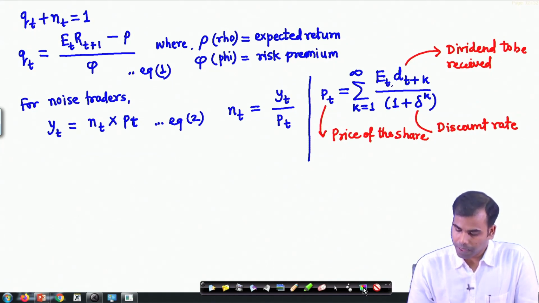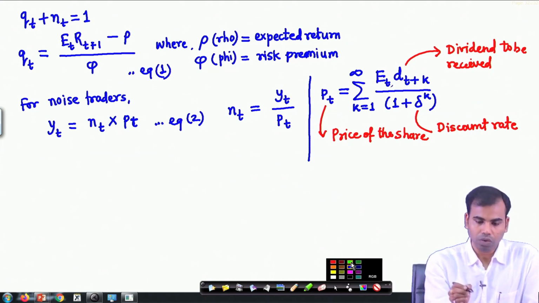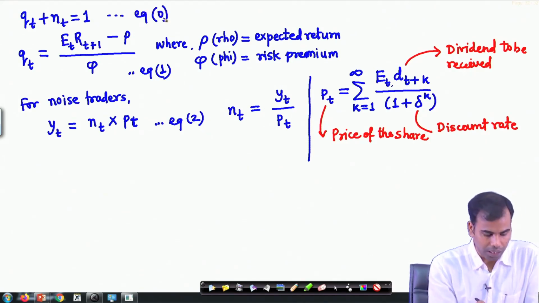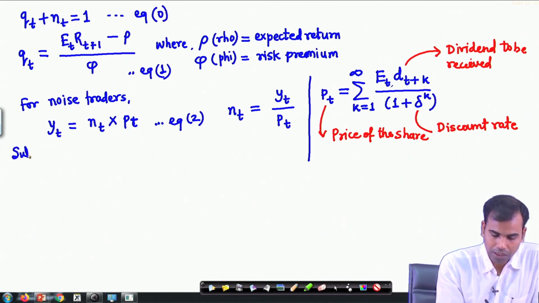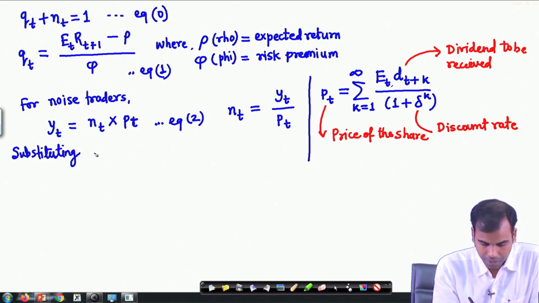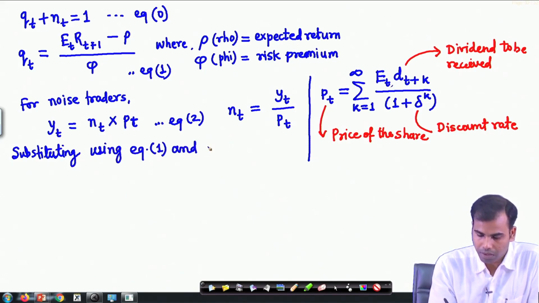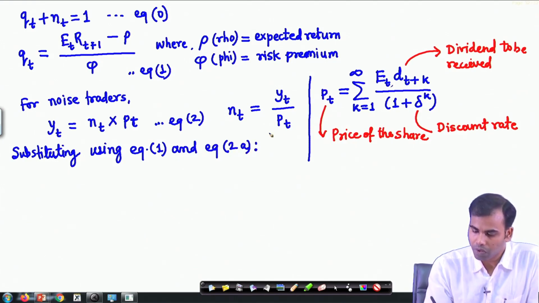Now, if we go back to the argument to this particular equation, let us say this equation being equation 0. So, if we try to substitute using equation 1 and equation 2a. So, I am giving this particular equation the name equation 2a.